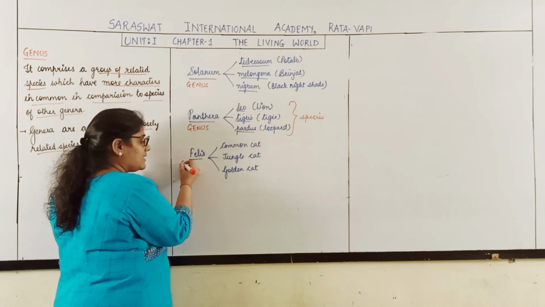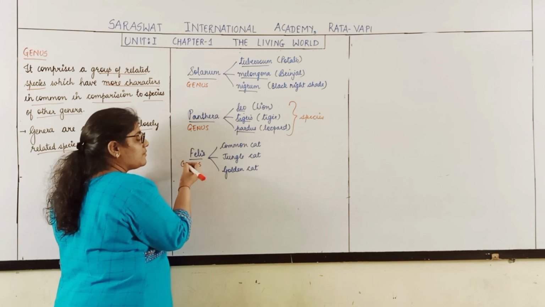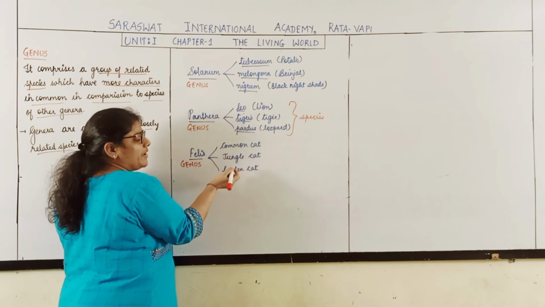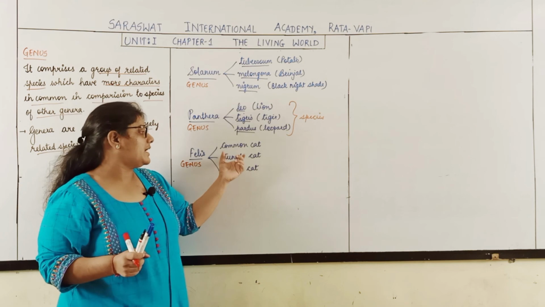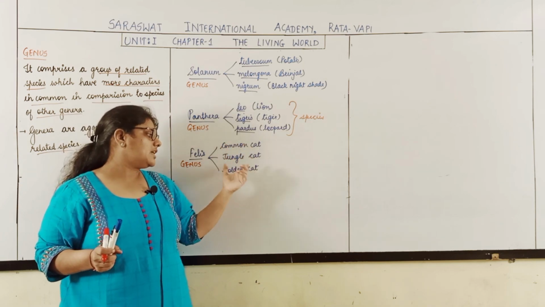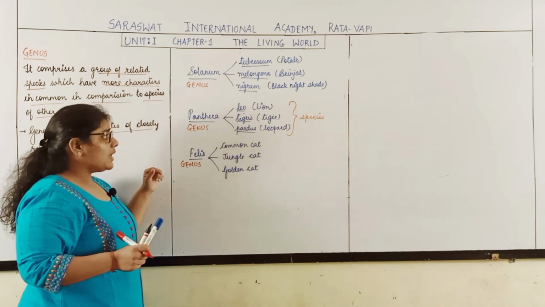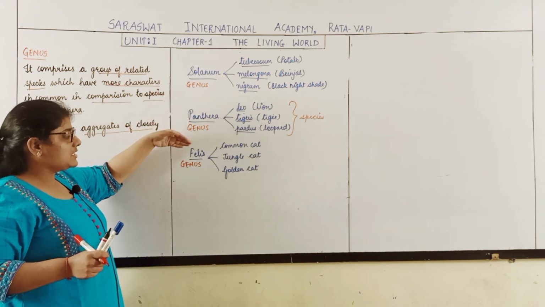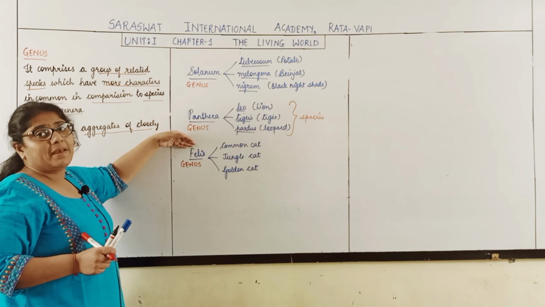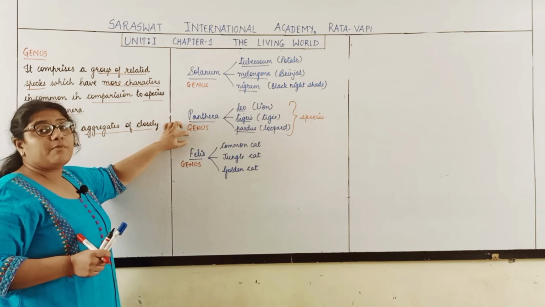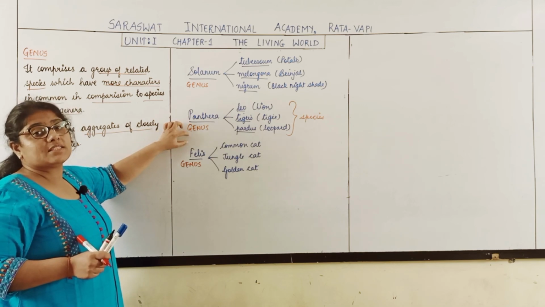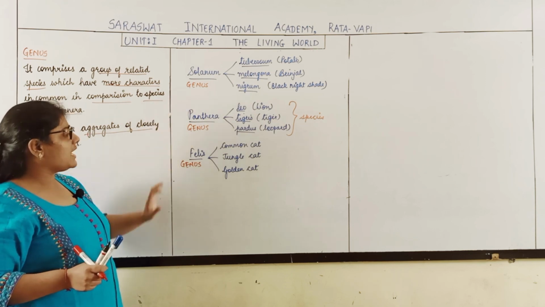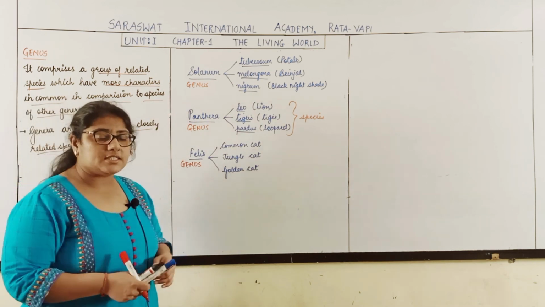Now students, there is another genus and that is Felis, which is a genus of cats. It includes common cats, jungle cats and golden cats. Now students, the organisms of the Panthera genus and the organisms of the Felis genus won't show characteristics in common because they are different genera.